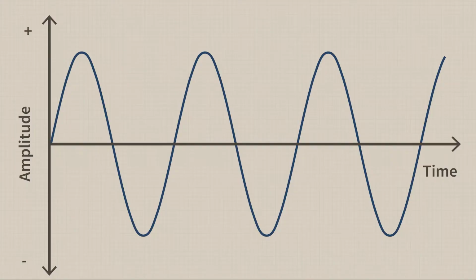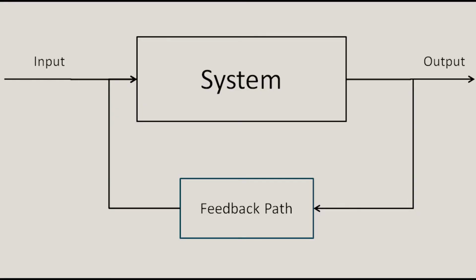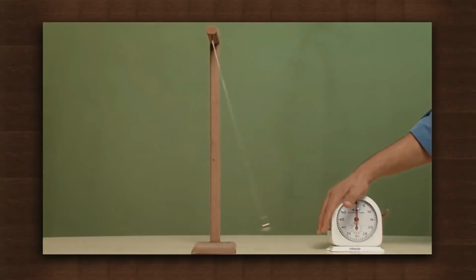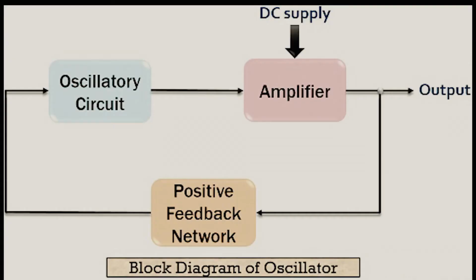The second component is the wave shaping network. It is used to control the frequency and shape of the wave produced. The next component is the positive feedback path. As we know, oscillation needs a movement that repeats with a regular rhythm, such as a pendulum bob swinging. The positive feedback path will create a loop in a circuit without external input signal.